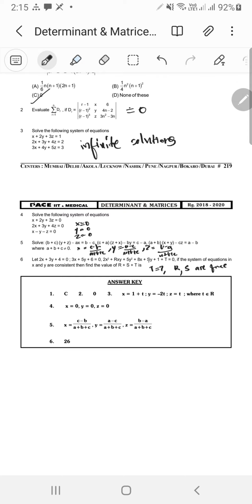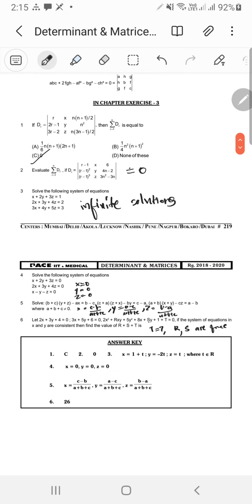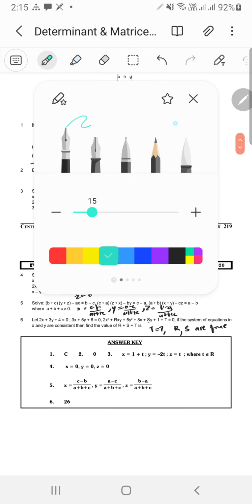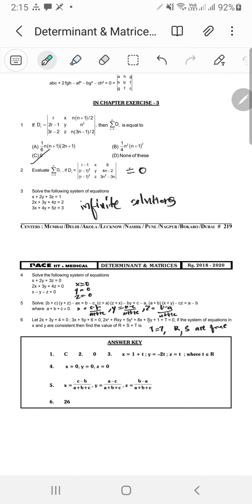26. Why? How could you do that? Anyway, let's check this. So first C, yes. Second 0, yes. Third, x equal to 1 plus t, y equal to minus 2t, z equal to t. Oh, yeah, I mean it's infinite solutions, but you didn't have to put a parameterization on this thing, right?